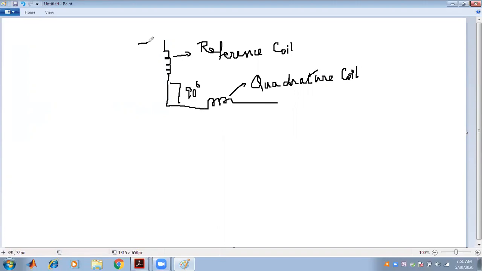So this portion is excited by a voltage V1, and the output that we have obtained from that particular coil is V0. We have just drawn the coils first, and this is another coil.